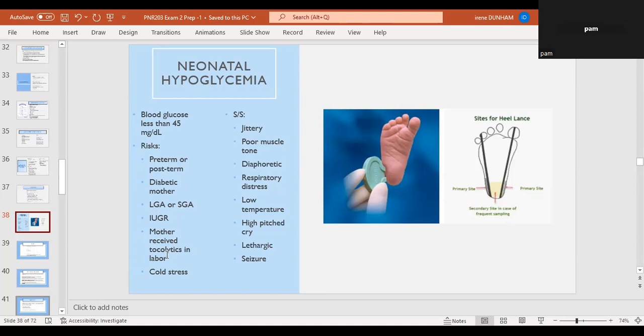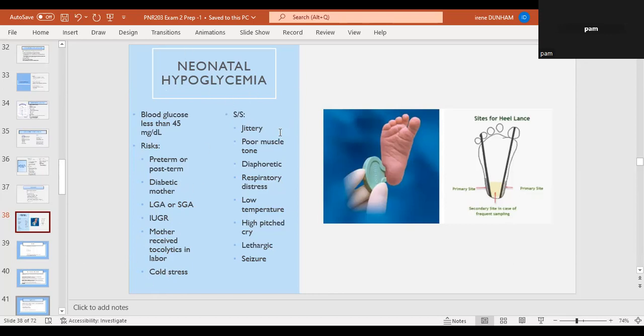You have to be on alert for hypoglycemia. And of course, if you cold stress your baby, that means you did not have your baby in a warm environment, or the baby didn't get dried off properly. They're going to use more of their blood sugar to warm their body. So you don't want to ever cold stress a baby.